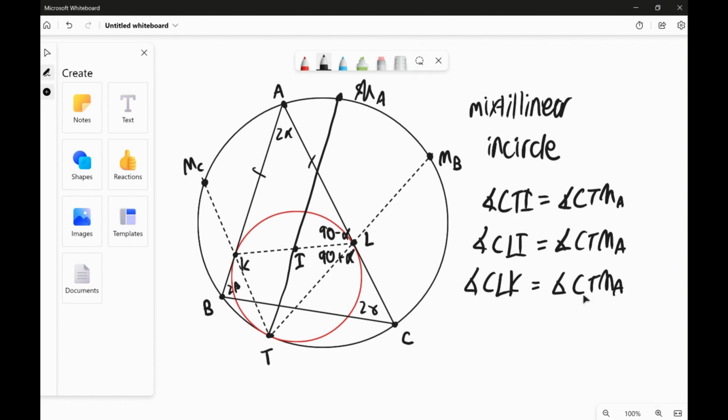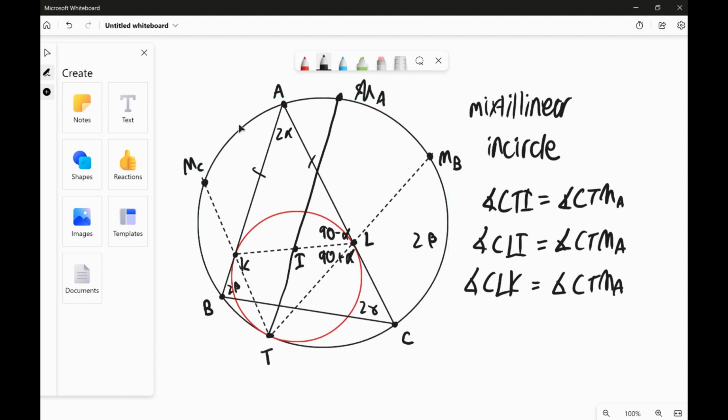So now we wish to show that CTMA is 90 plus or minus alpha. So given this 2 beta here, the measure of this arc must be 2 beta as well by the inscribed angle theorem. And MBMA here, no, we first focus on CMA.